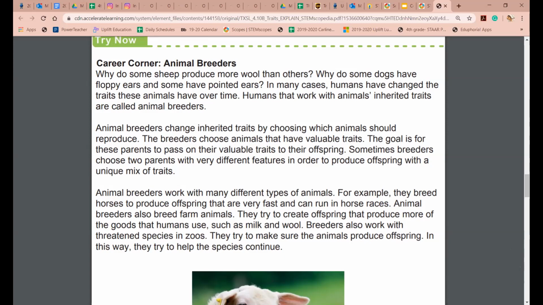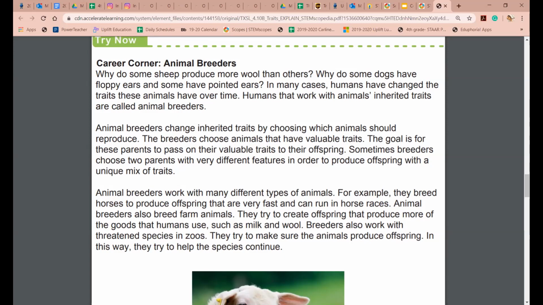But somebody got together the right animals needed, maybe a mama that was half Chihuahua, half Pomeranian, and a daddy that was weenie dog, put them together, and now they have produced this new breed of dog that's a Chihuahua Pomeranian weenie dog, okay? And it's very rare, very different. They can probably sell it for a lot of money. So you can even kind of create new species technically by breeding. You will run into problems, but that's a whole other lesson. But that's another reason why people breed, is maybe to make something a little different.